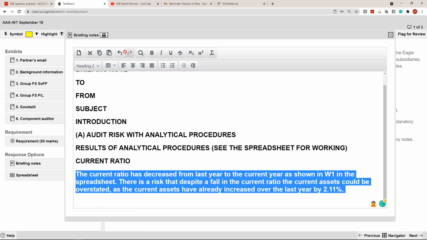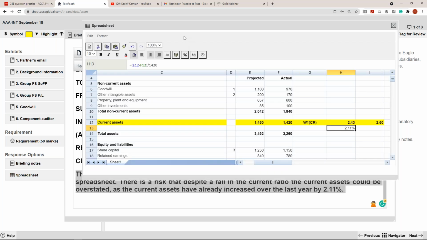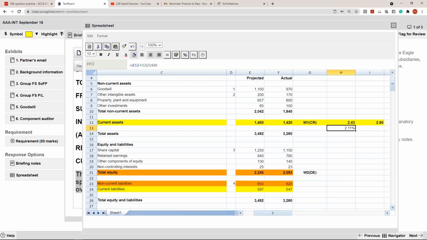But my only purpose today was to give you an idea about how you use the Excel file. Now, I would encourage every student that if the question is asking to use analytical procedures, make use of Excel. Copy the balance sheet into the spreadsheet, and in the spreadsheet make use of the formulas, and by the use of the formula find the current ratio.